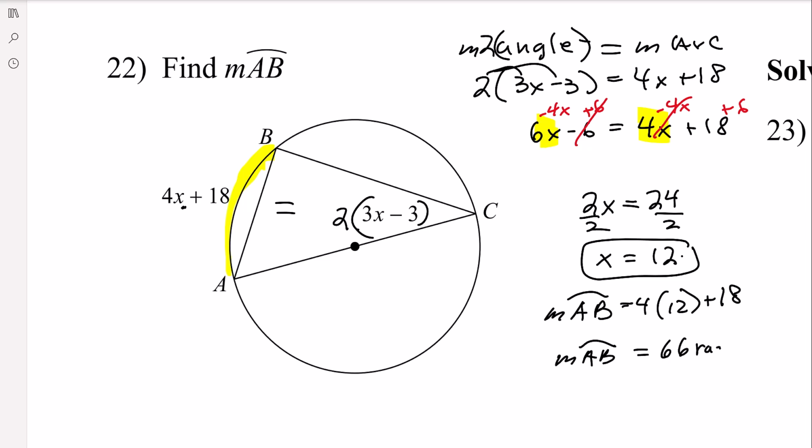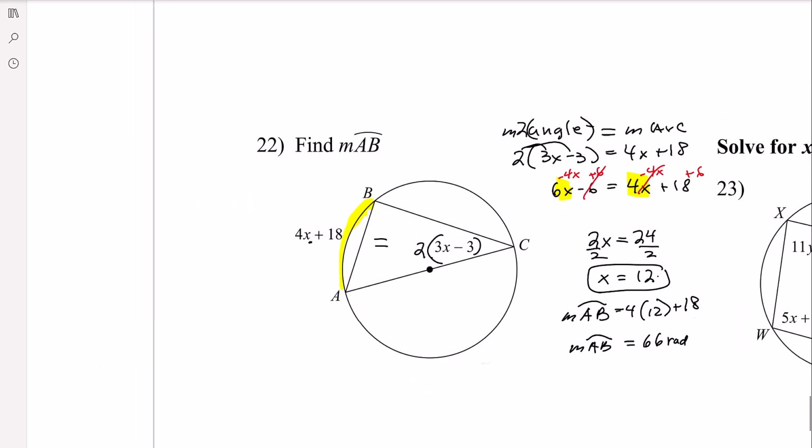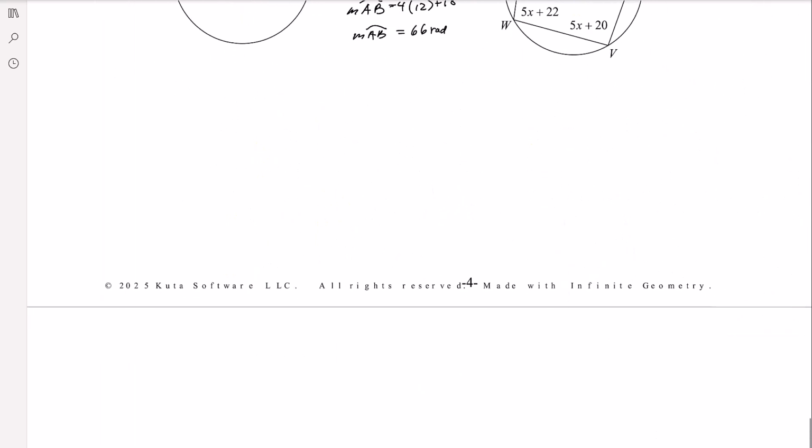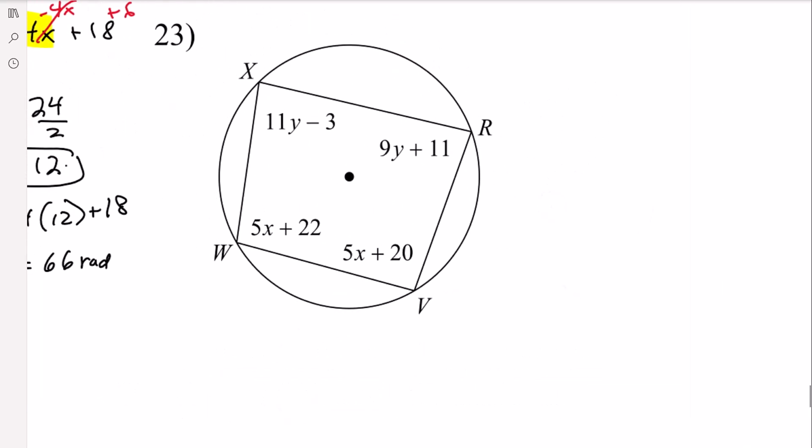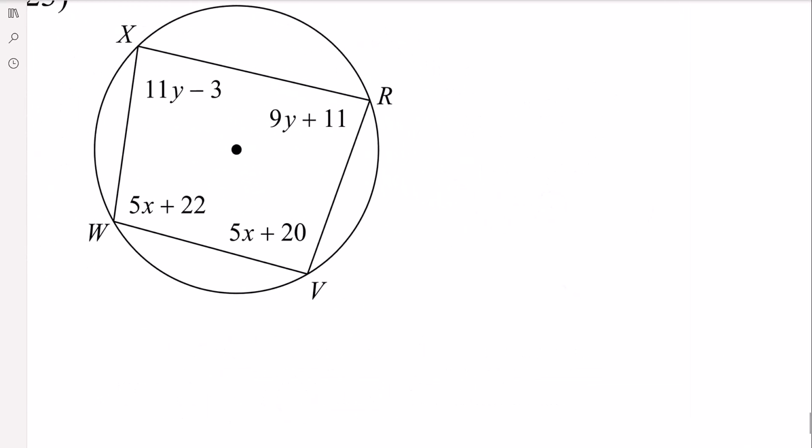And then I would put that as radians. All right. One more.